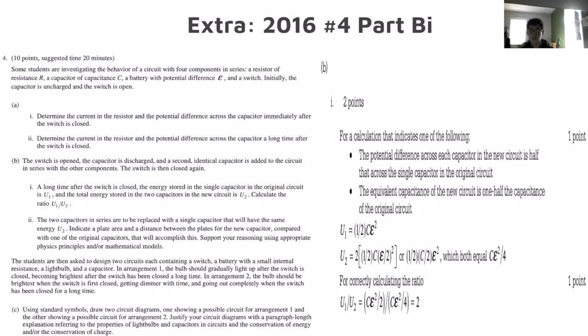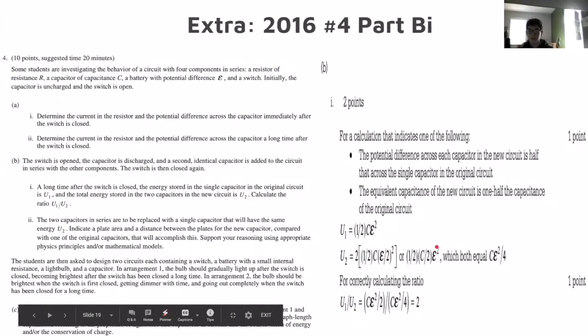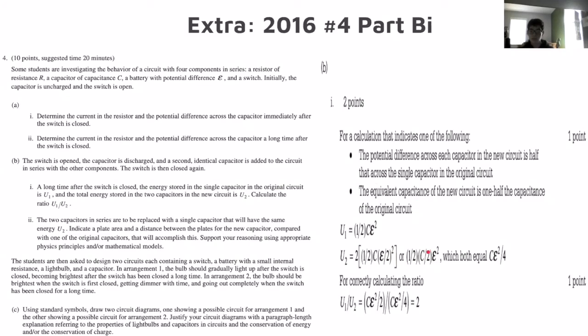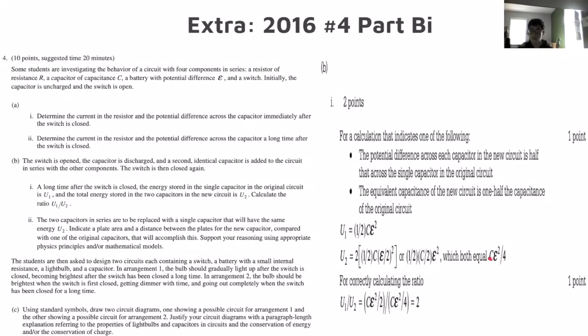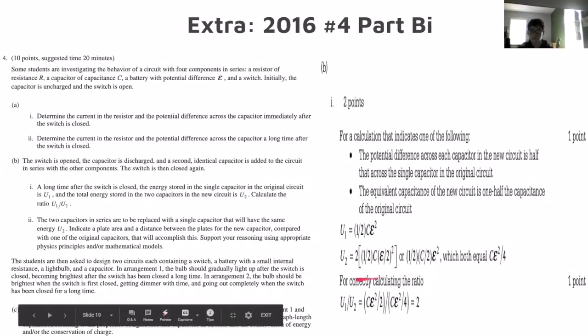So now there are 2 capacitors, meaning the total capacitance is cut in half, which comes into play right here, C over 2. That's where this first point is really important, because then you have to use that in this equation. You simplify this, and you basically get CV squared, or C EMF squared, over 4.